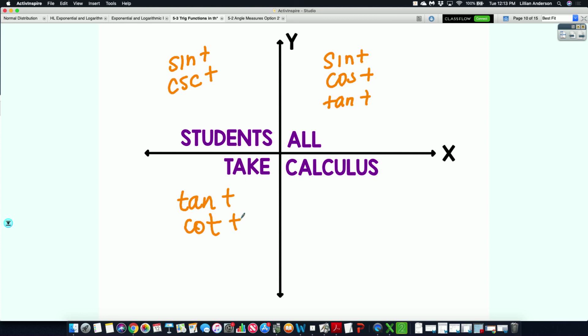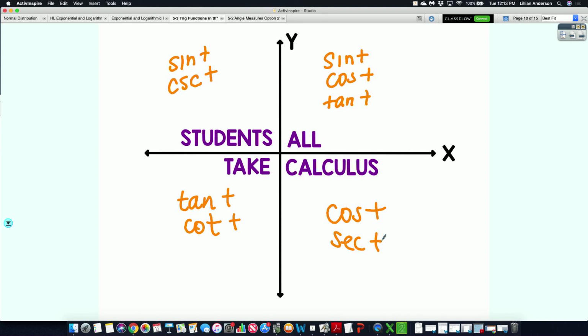Okay, it's to help you in remembering which trig function should be positive, especially since students tend to lose the negative as they're going through. And the last one is calculus, which starts with a C, so cosine is your positive function, and its reciprocal, which is secant. Okay, so "all students take calculus" will help you remember which trig function should be positive and which one should be negative.